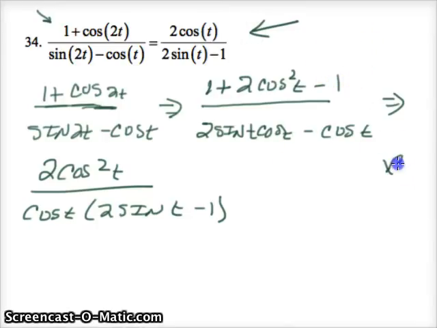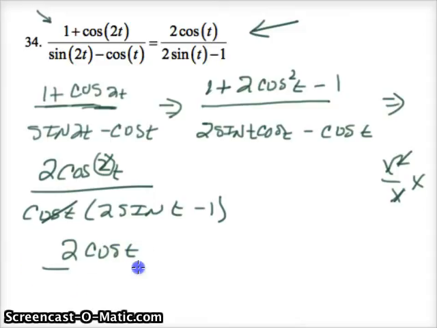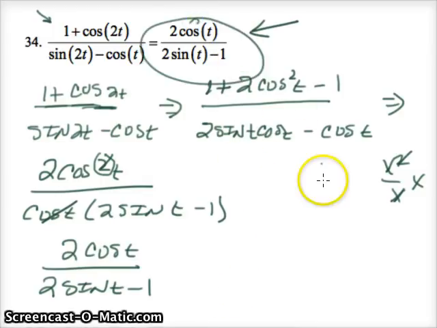I know that x squared over x, these x's divide out and just left with x at the top. And I see a cosine squared and a cosine t at the bottom. So I'm going to mark that out and mark a little 2 out. So then I'm just going to have 2 cosine of t over 2 sine of t minus 1. And lo and behold, that is exactly what I was looking for.